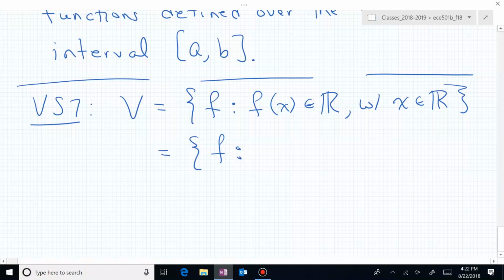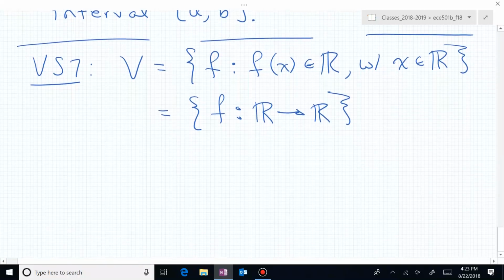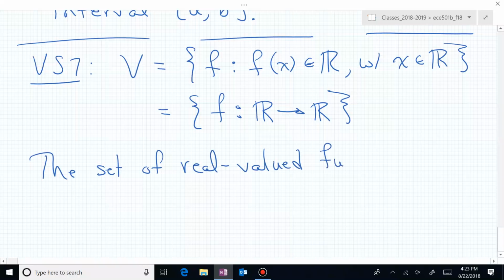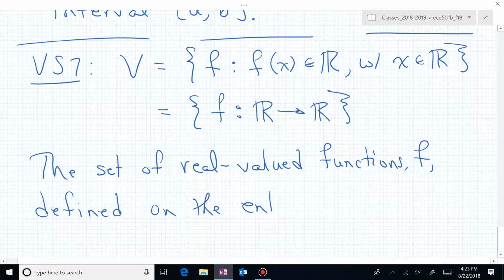We could say the set of functions f such that R maps to R. Another maybe more condensed way of writing that, where this is now the set of real valued functions f defined on the entire real line.